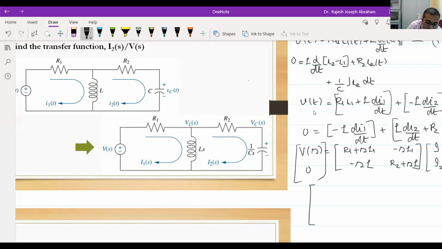For this assumed current direction, potential rise, it is V of t. So the Laplace transform will be capital V of S. There are no voltage sources in the second loop. That means 0. So voltage must be equal to impedance. Since there are two loops, the impedance matrix will be of the order 2 by 2. Z11, Z12, Z21, Z22.